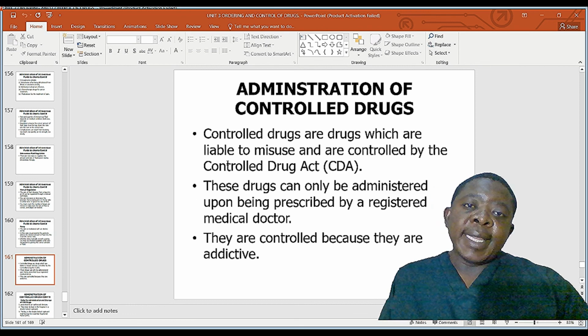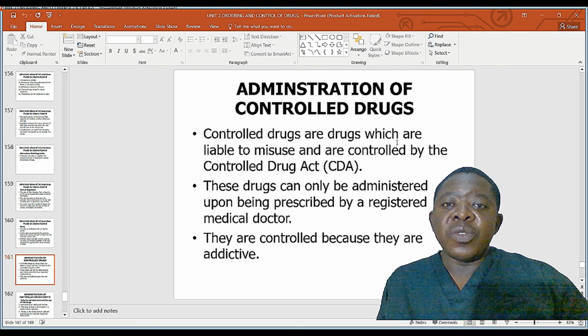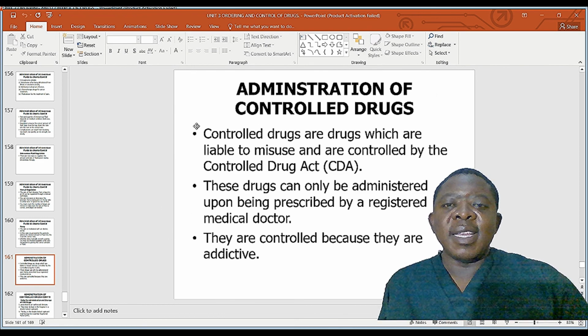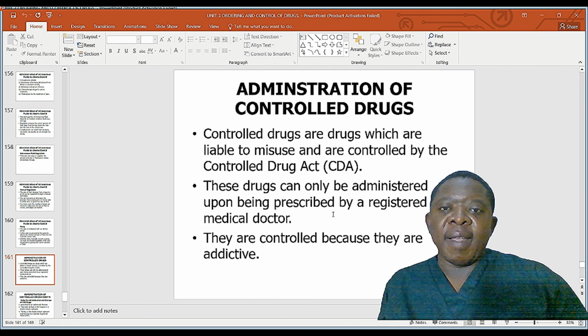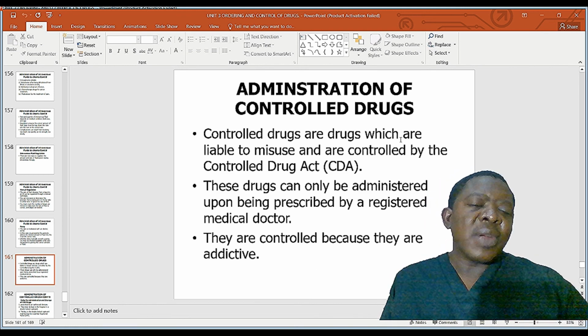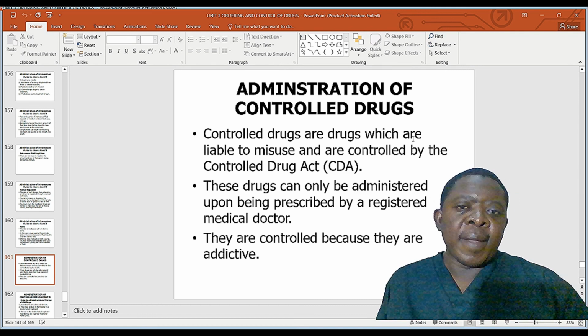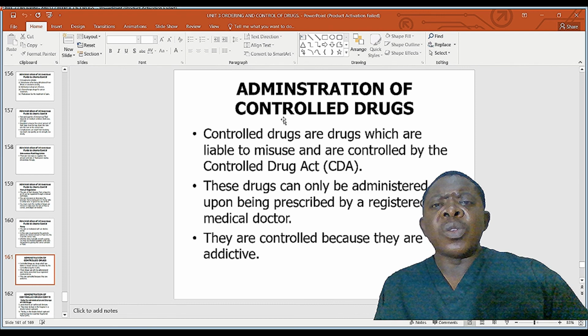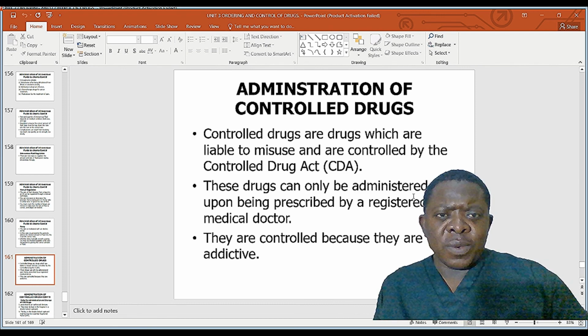Okay, then controlled drugs. The administration of controlled drugs. We want to look at the drugs here that are regulated. Remember, we have looked at some controlled drugs in one of our lessons in our series on pharmacology. So now we're looking at administration of controlled drugs.